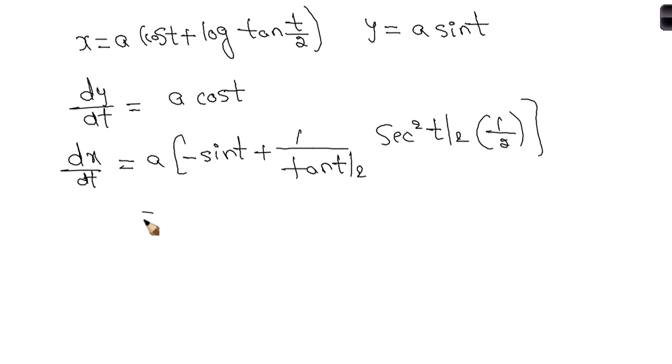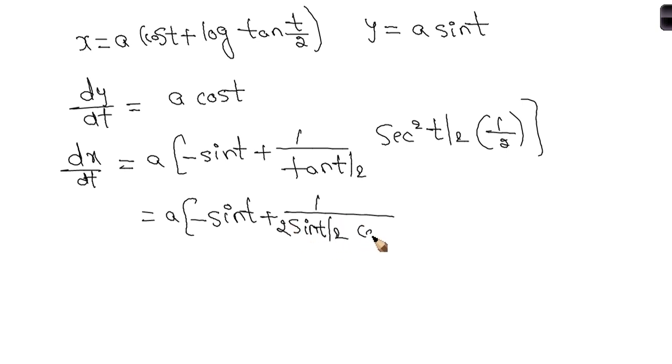So a into, let me simplify this, minus sin t, cos square t by 2 by sin t by 2, this would be 1 by sin t by 2, I have 2 here, sin t by 2 into cos t by 2, because one cos t by 2 and the other cos t by 2 get cancelled.